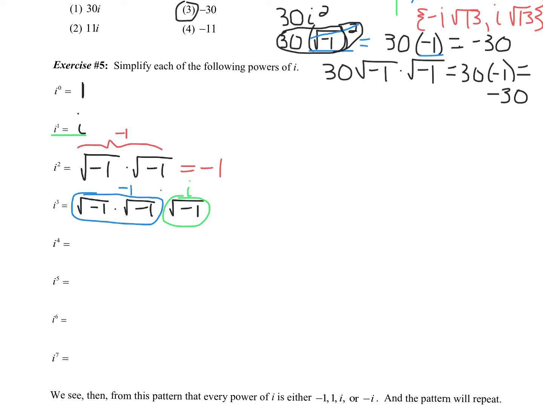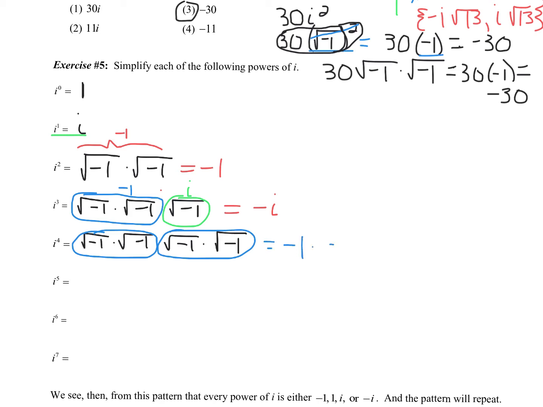So right now I have -1 times i, -1 times i is just -i. So my next one, I'm going to write them in a row. We have 2 pairs of i squared. That should make sense. i squared times i squared is i to the 4th. So that is -1 times -1. -1 times -1 is now +1.